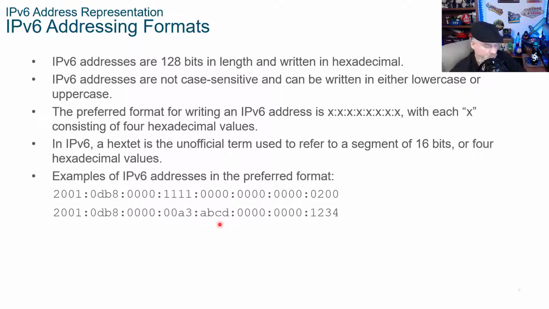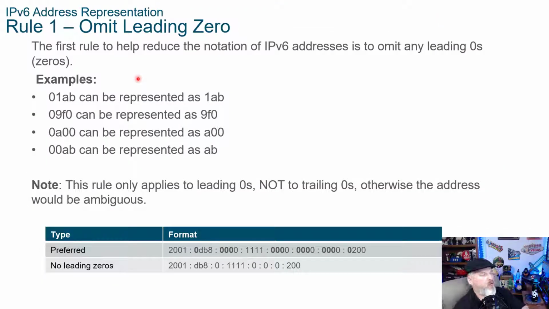However, you can collapse these. And there's rules to do that. There's some rules to collapse those or to make it easier. The first rule to help reduce notation, so you don't have to write that whole entire V6 address out every time, is to leave out any leading zeros. For example, 01AB can be represented as 1AB.